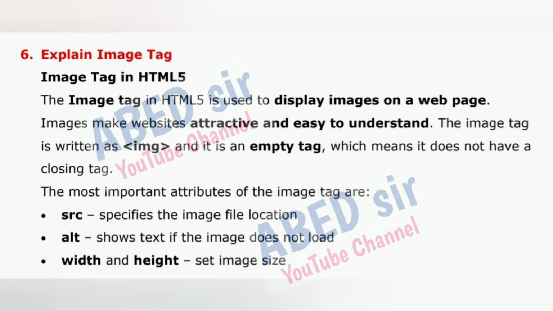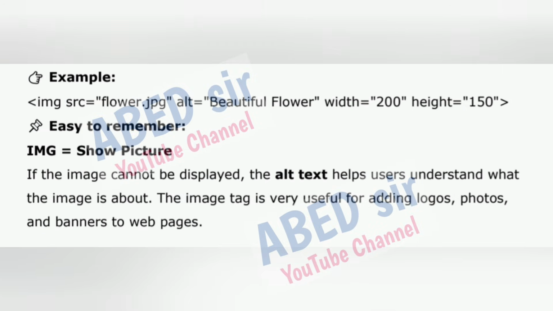The most important attributes of the image tag are: src specifies the image file location. Alt shows text if the image does not load. Width and height set image size. Example: <img src="flower.jpg" alt="beautiful flower" width="200" height="150">.